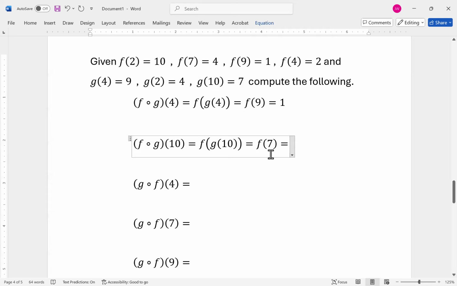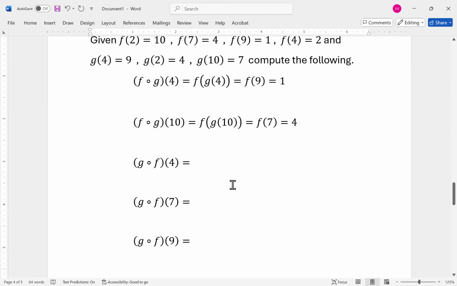If I input a 7 into my function f, I get an output of 4. So f of g of 10 is equal to 4. So this new function, which is the composition of f of g, sends the number 10 to the number 4. And it sent the number 4 to the number 1.